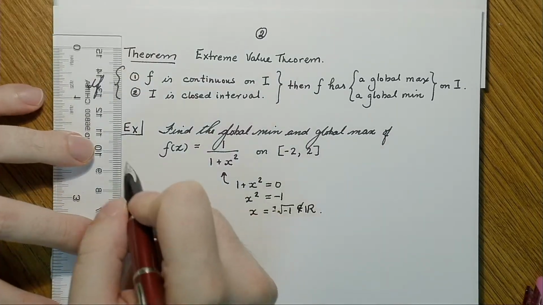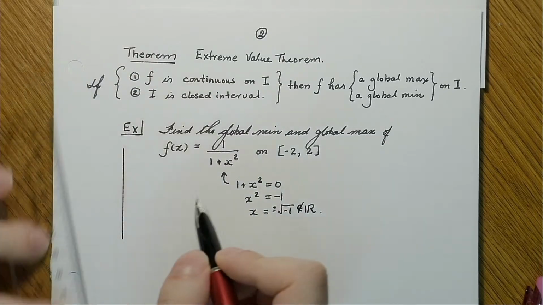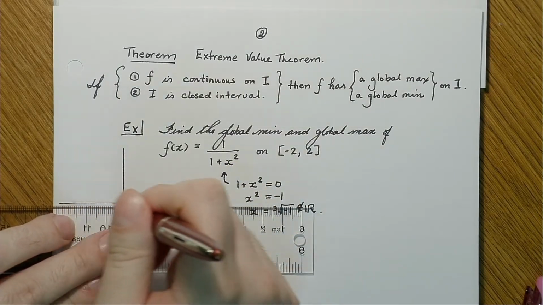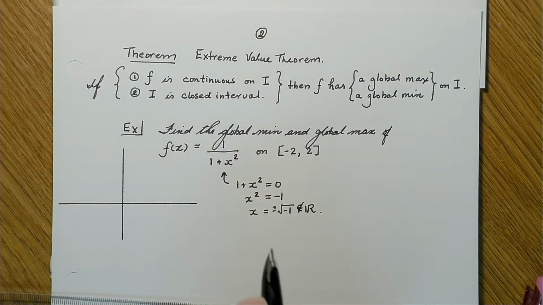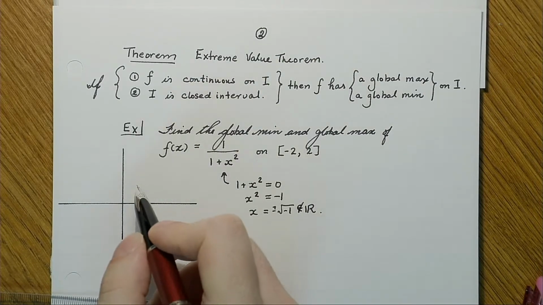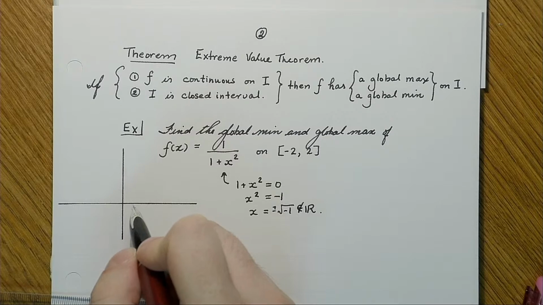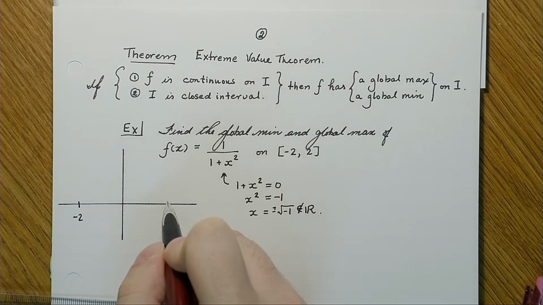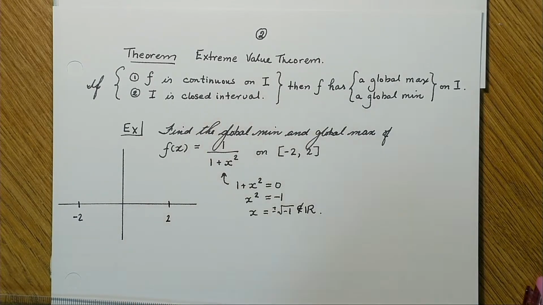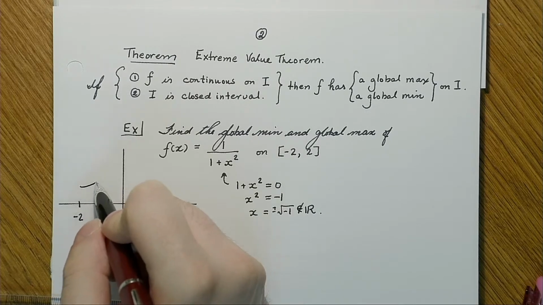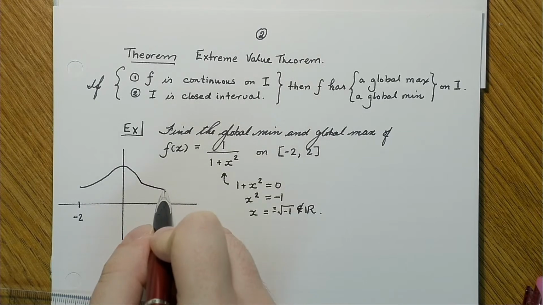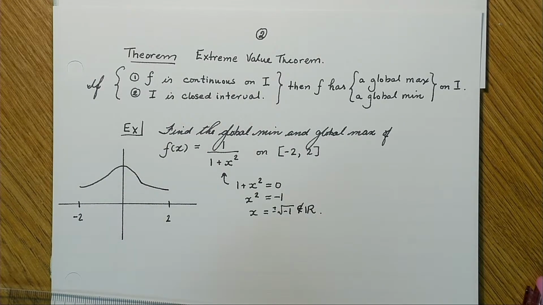What I can tell you though is I can do a little quick sketch. Now you might not know how to draw this, but again, we're just giving you the intuition of what we're going to do. So something like that.